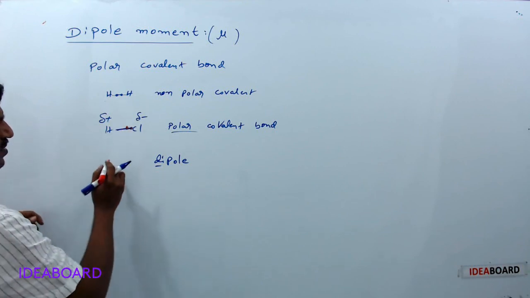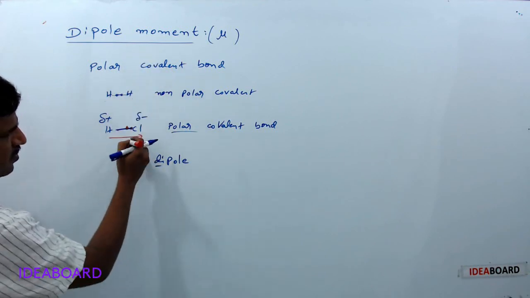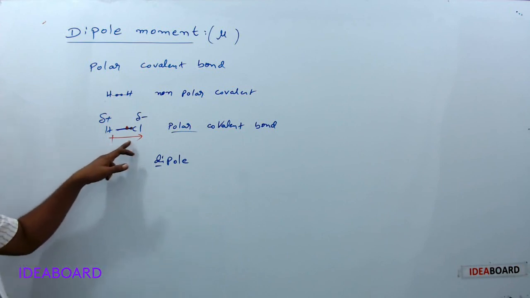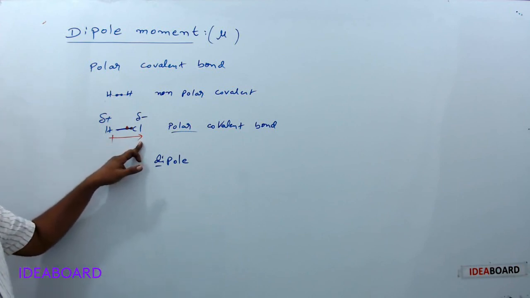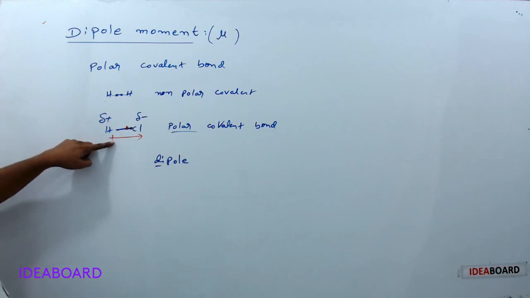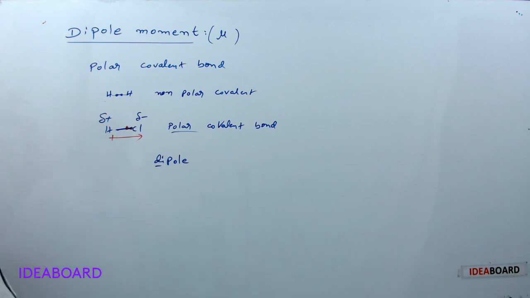And this dipole moment is indicated by an arrow pointing towards the more electronegative atom, with a cross symbol or plus symbol on the partially positive charged atom.